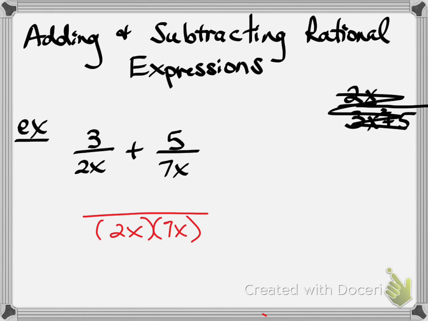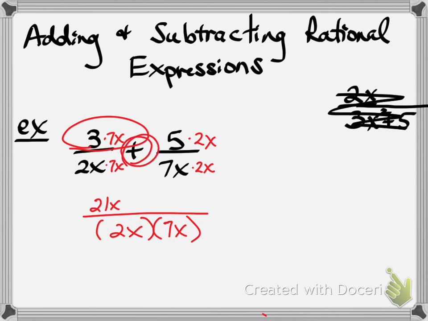And so you look at the first fraction and you say, well, you've got the 2x, but you need the 7x. So we have to multiply the top and the bottom because you have to be fair. Then you look at the second fraction and you say, well, you have 7x, but you need 2x. So we multiply the top and the bottom to be fair. And then you just multiply these together and you get 21x, and then it's plus.